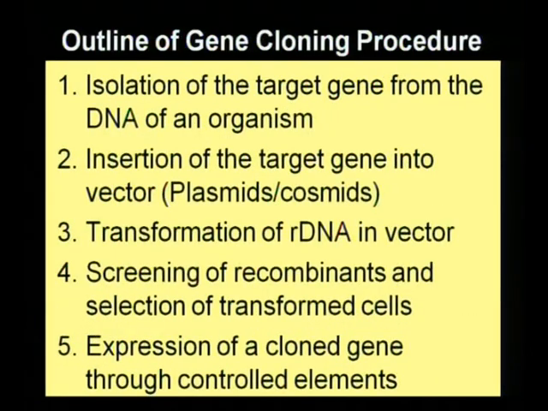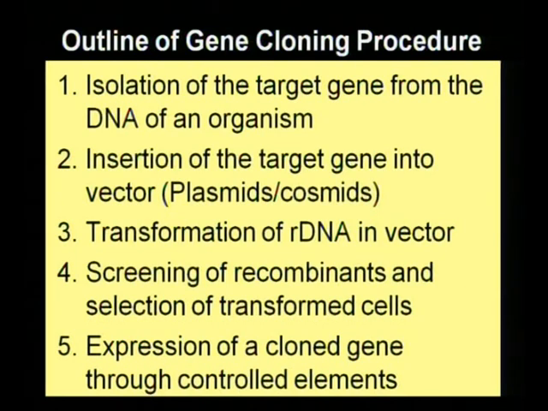Naturally, one of them which is very important in biotechnology is gene cloning. I'll just give you in brief something about how gene cloning is done. The first step in gene cloning is the isolation of the target gene from the DNA of an organism.